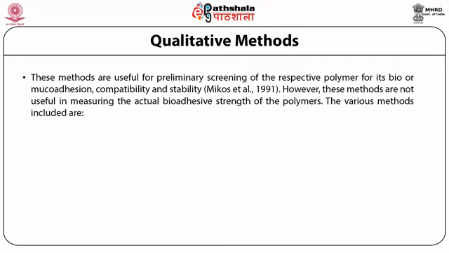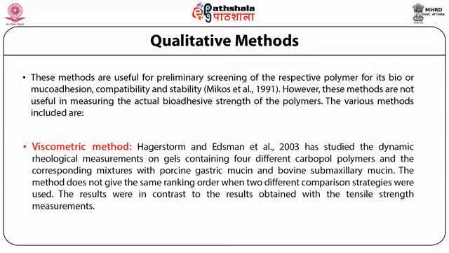This tool was primarily used by Mikos et al. in the year 1991. However, these methods are not used in measuring the actual bioadhesive strength of the polymers. There are different sets of methods which are employed under this, which include number 1, the viscometric method.